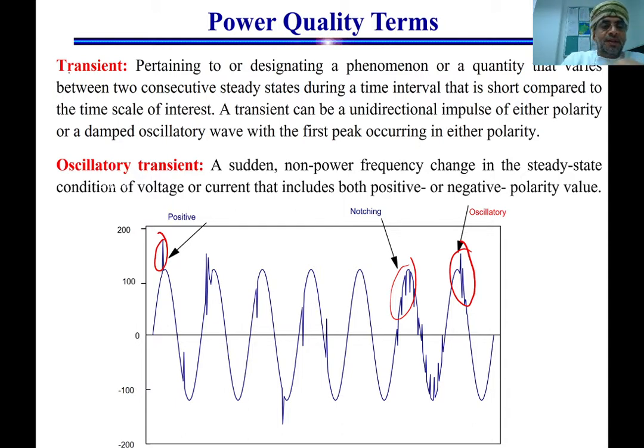Okay, so we have a transient such as those, and we have oscillatory transient such as this one. So oscillatory transient, they define it as a sudden non-power frequency change in the steady state condition of the voltage or the current that includes both positive and negative polarity values. See this one. So we have transient and we have oscillatory transient.